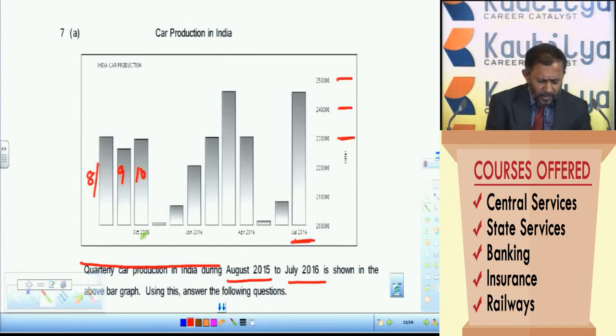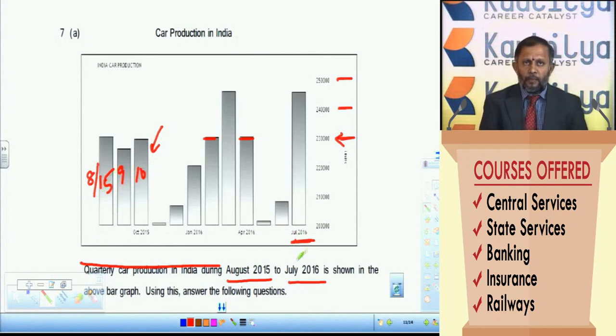So what you have to observe is, in case of October, that is just lower than the value 2,30,000. But in these two cases it is exactly coinciding with 2,30,000. That is the condition you have to observe, right? So basing on that, from August 2015 to July 2016, the production of cars is given in terms of different units.